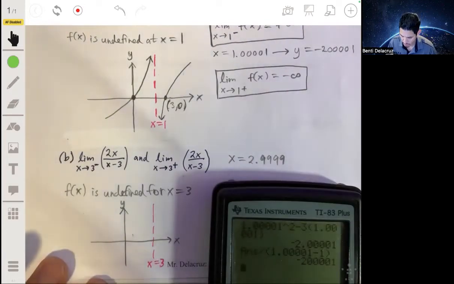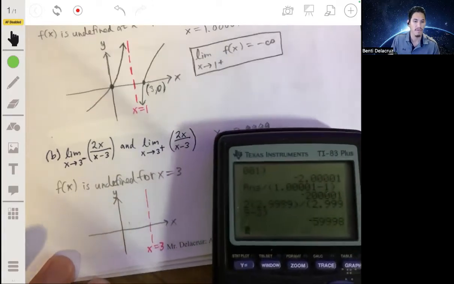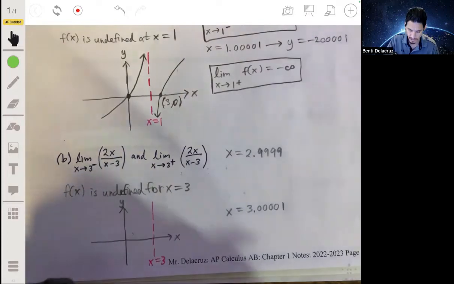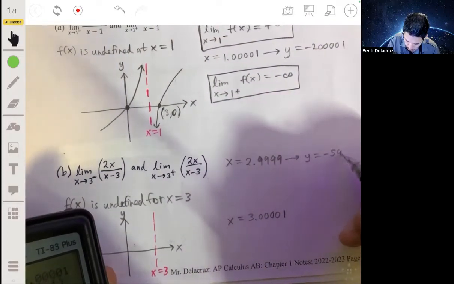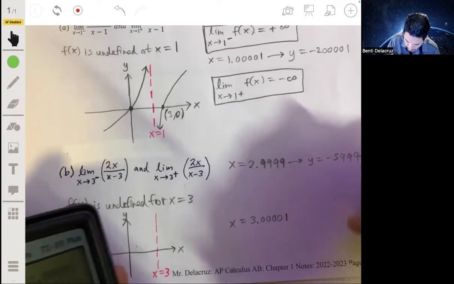So we do 2 times 2.9999 divided by 2.9999 minus 3. We get almost negative 60,000, negative 59,998.